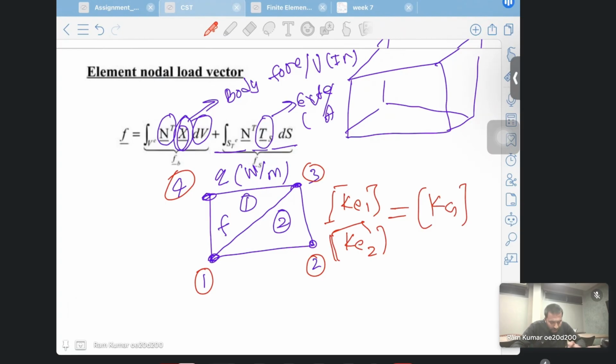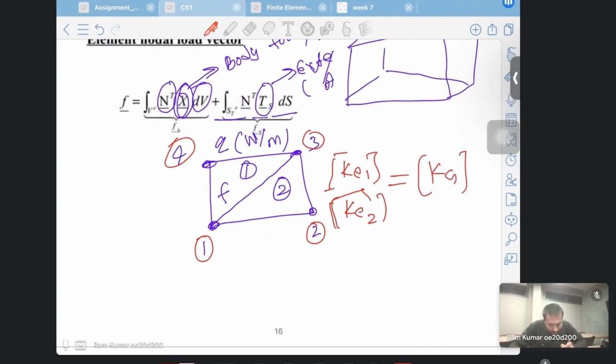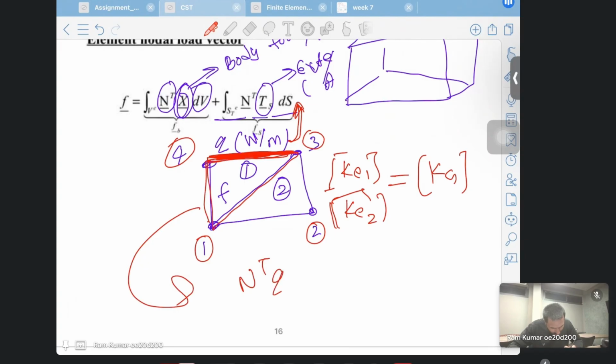Yes, sir. Correct. Similarly, on this surface they are putting this flux per unit length. Because we are talking about only 2D, for this side, or for this element, this will be N transpose into Q into the length.